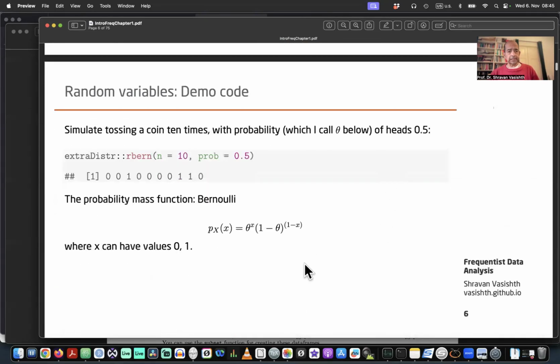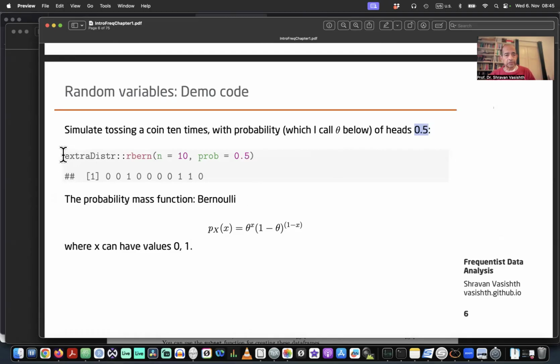All right, so let's consider now a somewhat more complicated scenario where we toss a coin not once, but 10 times. So the number of trials that I will have is 10. And let's assume that the probability of getting a heads is 0.5, because the coin is fair.